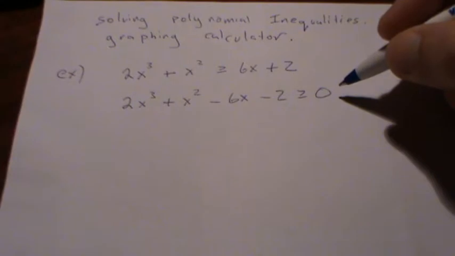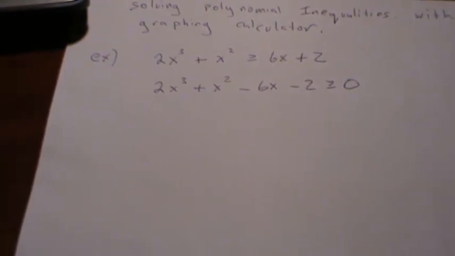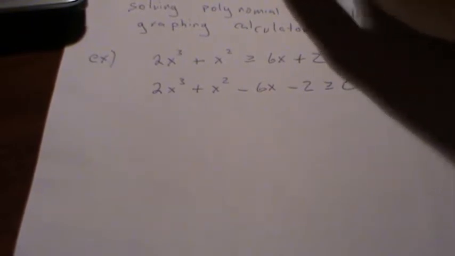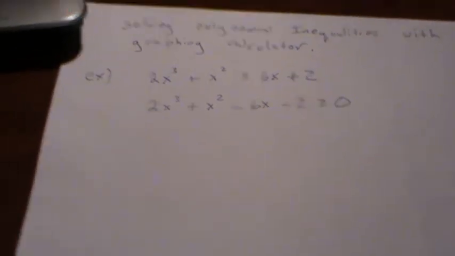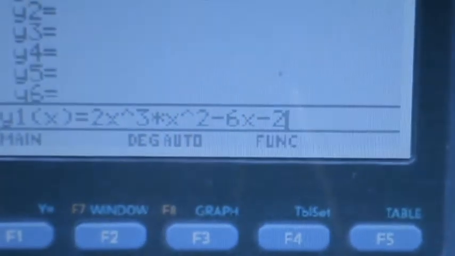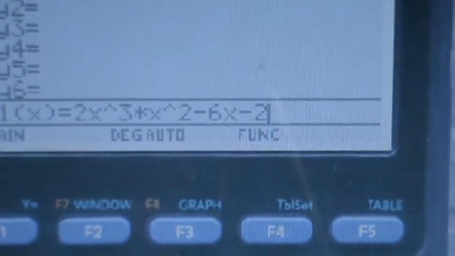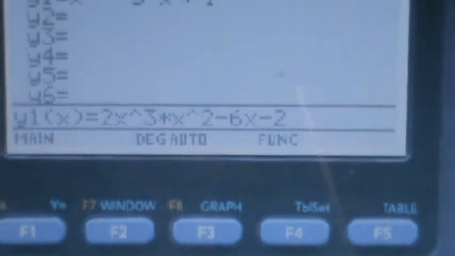Alright, and now what we want to do is graph this. I'm going to go on my graphing calculator here, which is on my computer, and notice I have right there in the bottom the 2x to the third plus x squared minus 6x minus 2.